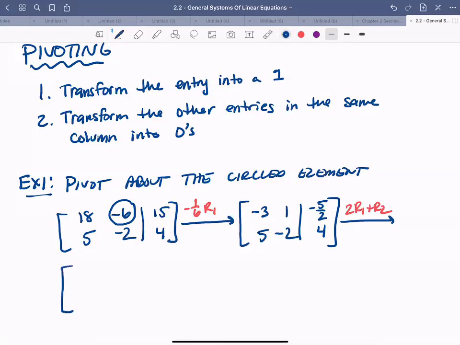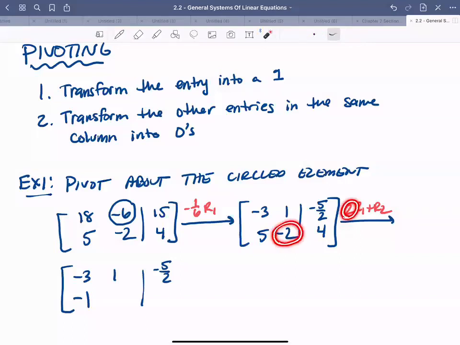That will give us, remember, we're not changing the first row, so I'm just going to rewrite that. So 2 times -3 is -6, and then 5 plus -6 is -1.